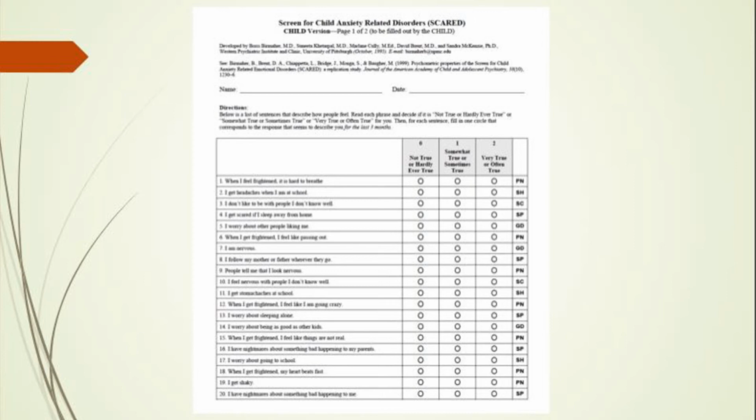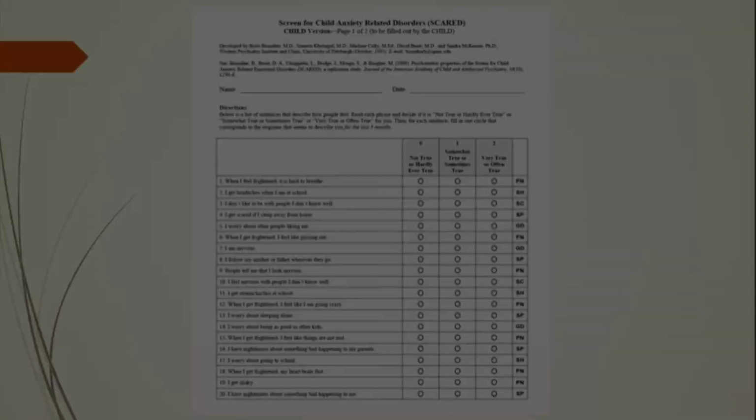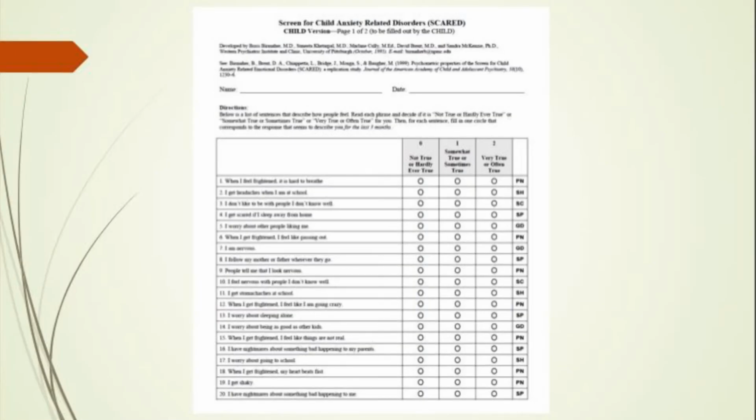So this is a long questionnaire. There are 2 pages. Here's examples. When I feel it's hard to breathe. I am anxious. I worry about being alone, so et cetera, et cetera. They're all different questions. They're categorized into different diagnostic categories for the anxiety disorders.